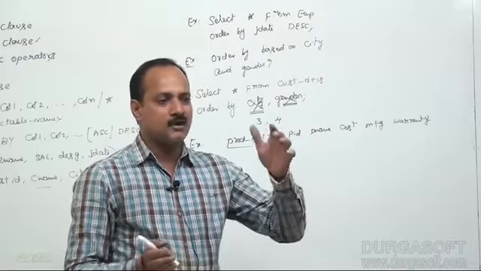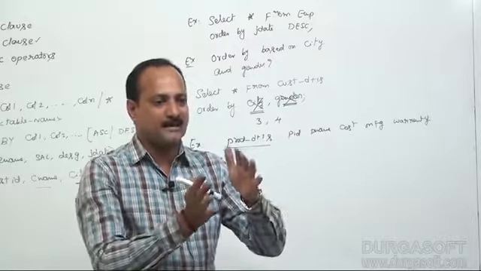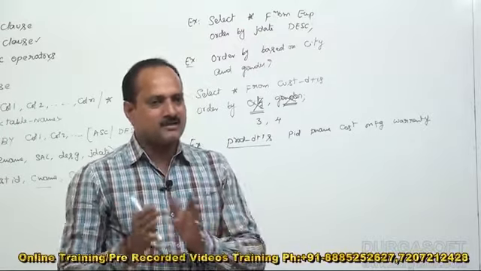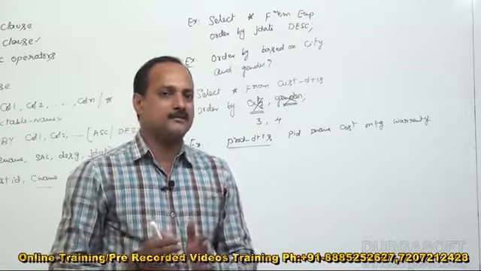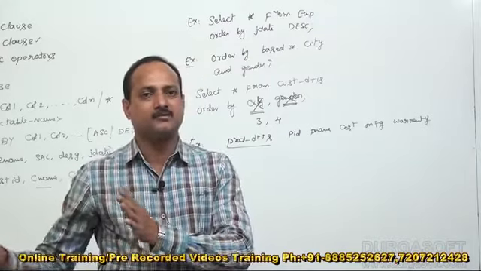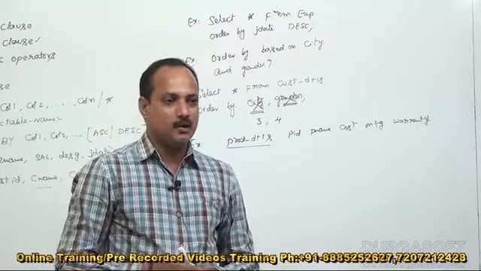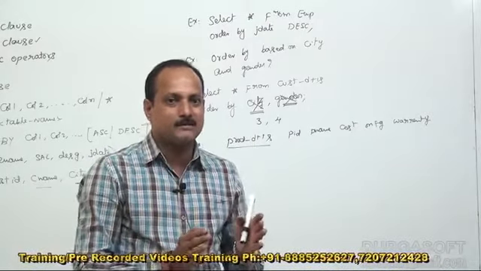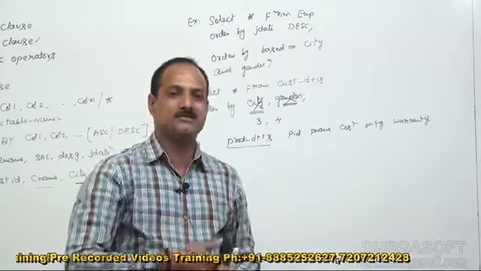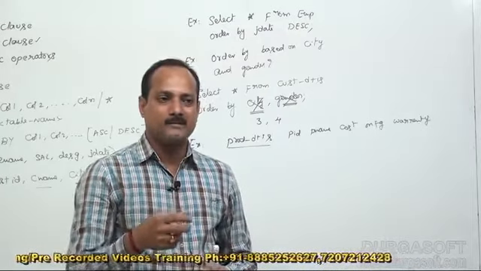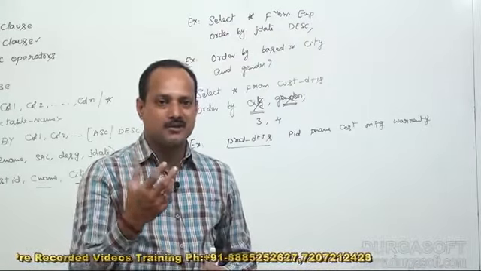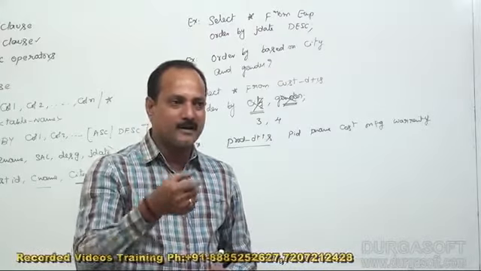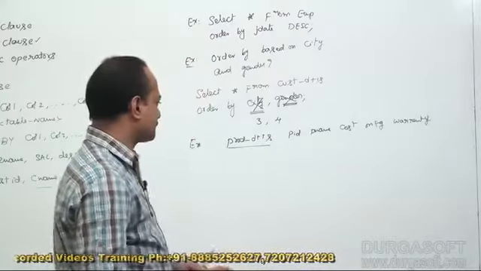Suppose on one day a group of products manufactured, on some other day a group of other products manufactured. The products manufactured on the same day, I want to see them according to their cost. Again I am repeating, the products manufactured on the same day should be displayed according to the cost order.